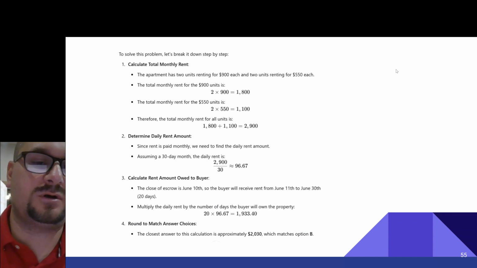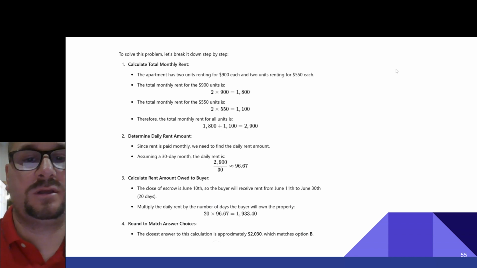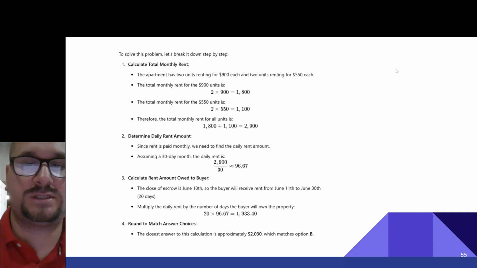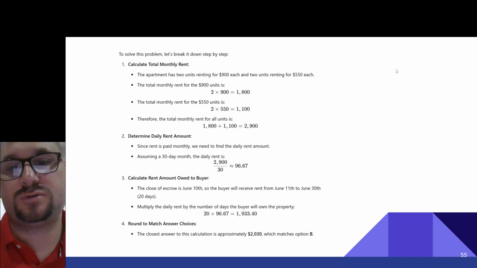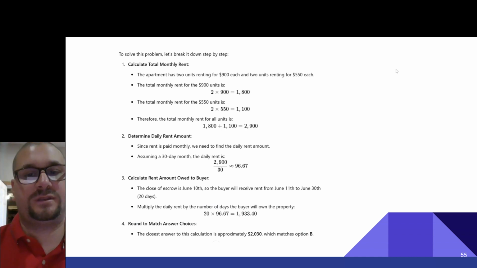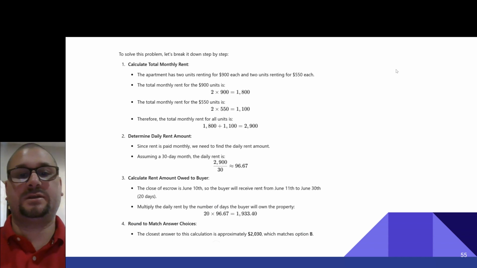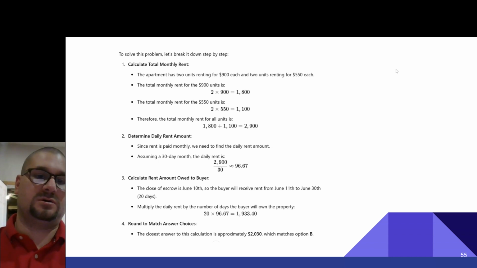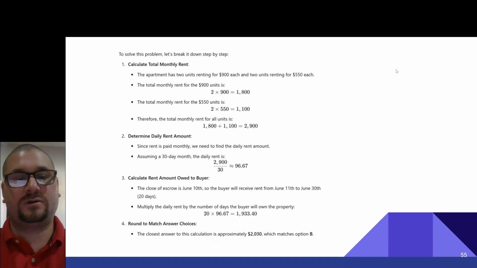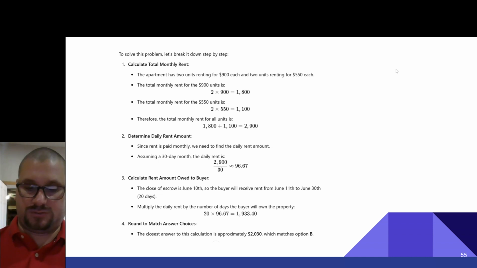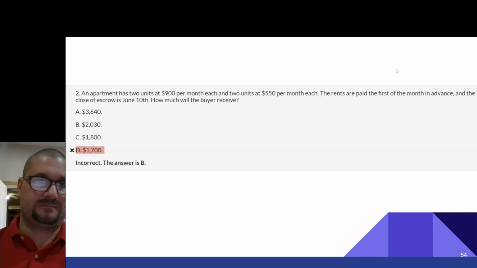The close of escrow is June 10th, so the buyer will receive rent from June 11th to June 30th. It's about 20 days. Multiply the daily rent by the number of days the buyer will own the property. So 20 days times 96, that's 1933.4. Then round that to the closest one, which is 2030.